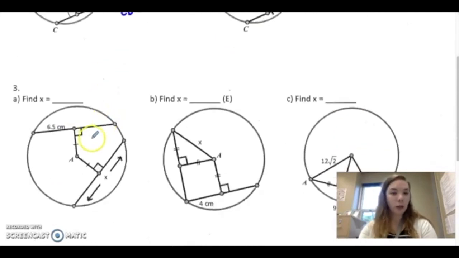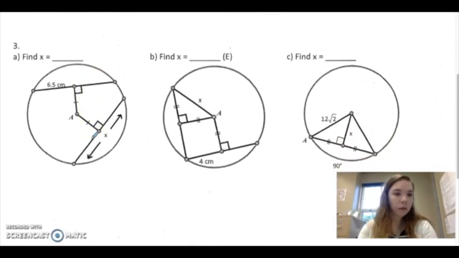All right, so using this, these 2 chords are the same distance away. So this is just half of it, so the whole thing would be 13, which makes this whole thing 13.